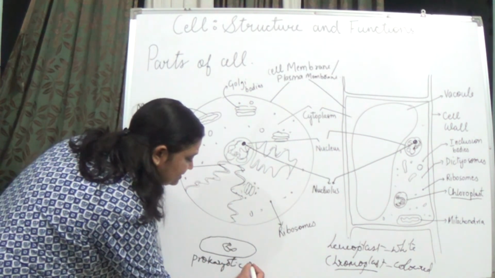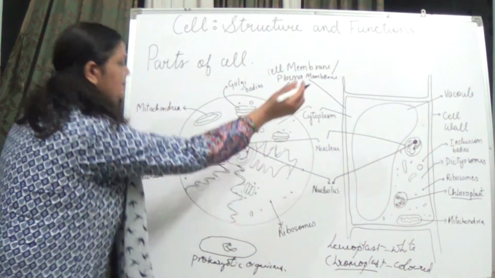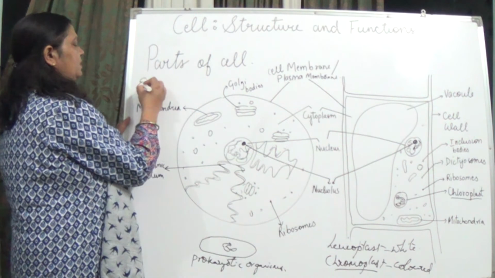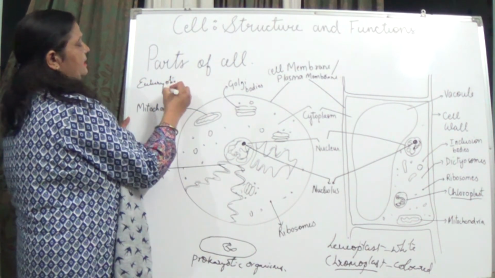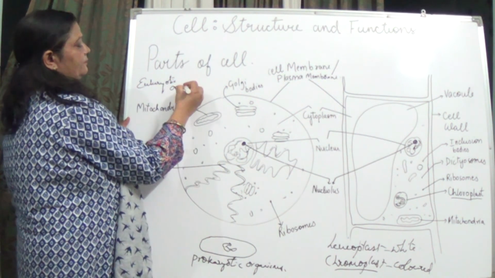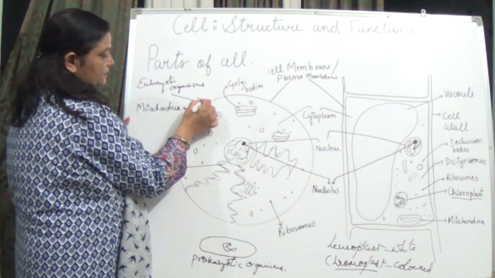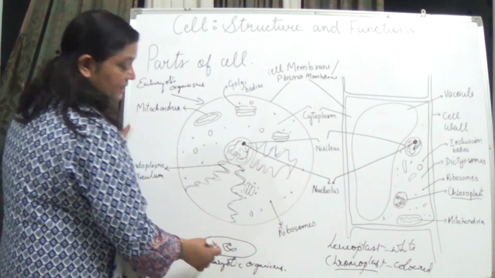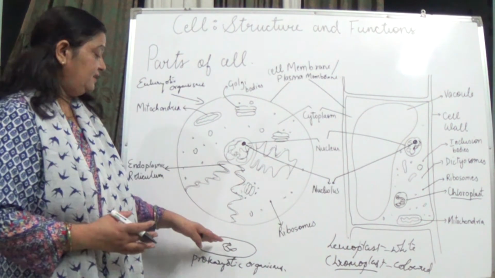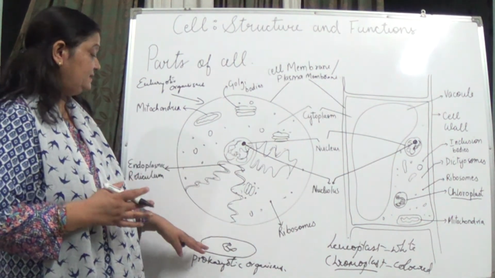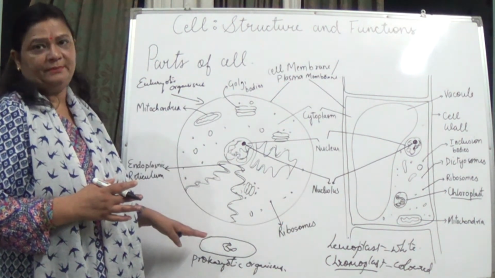organisms. And these are known as what? Eukaryotic organisms. So eukaryotic organisms consist of these types of cells. Prokaryotic organisms consist of cells in which the genetic material is present as it is, not confined inside the nuclear membrane.